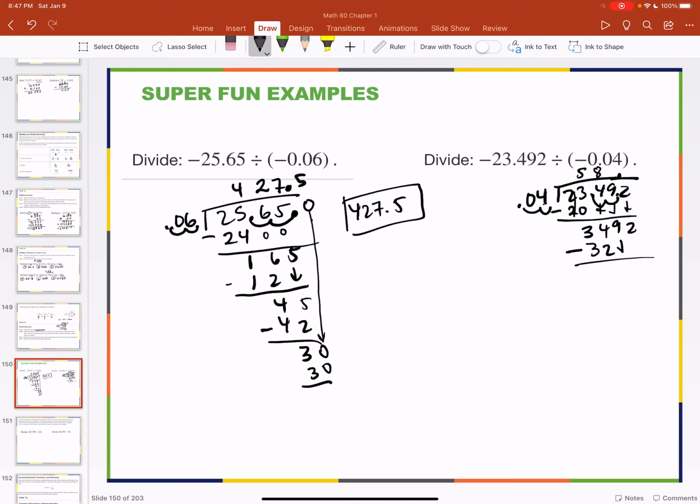We subtract that and bring these down. 4 goes into 29 seven times. 4 times 7 is 28. Bring that down, subtract, that's 12. And 4 times 3 is 12. And that's it. So your answer is 587.3.